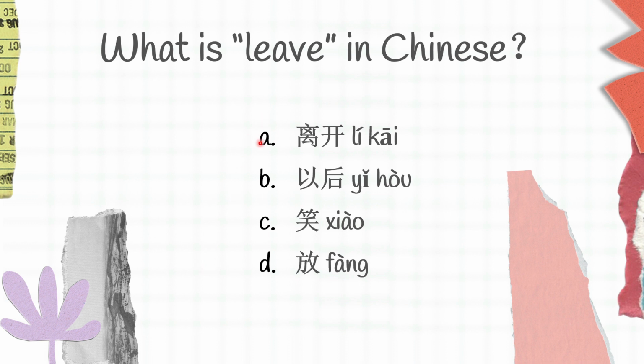So 离开 is leave, 以后 is after, 笑 is laugh, and 放 is put. So leave in Chinese is A. 离开.